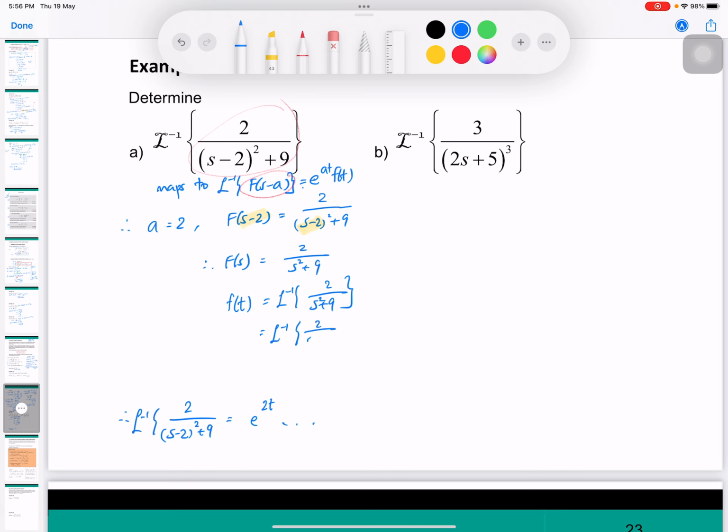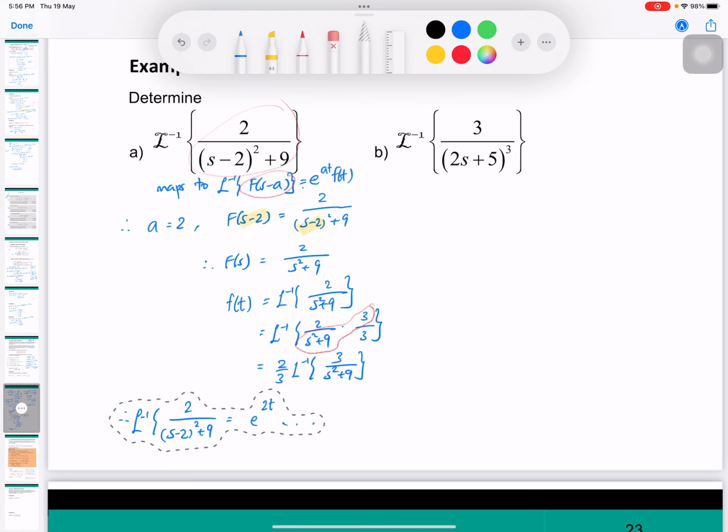This is 2 over s squared plus 9. I need a 3 up here, divided by 3. So this can fit into the formula. 2 over 3 inverse Laplace of 3 over s squared plus 9.